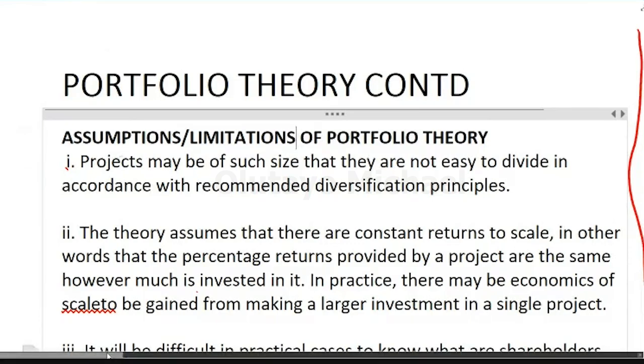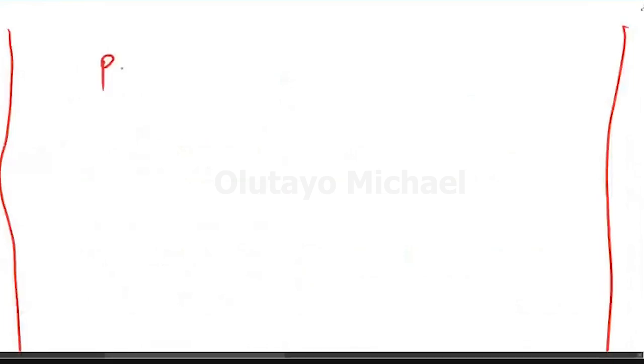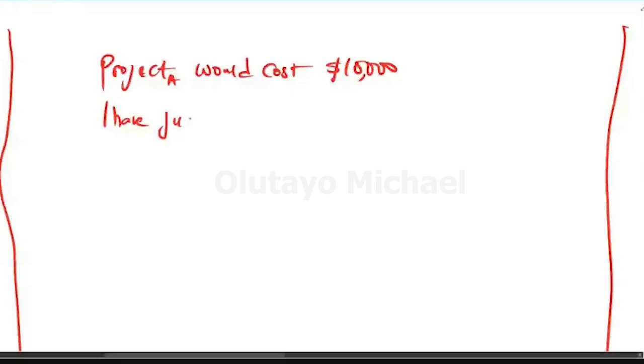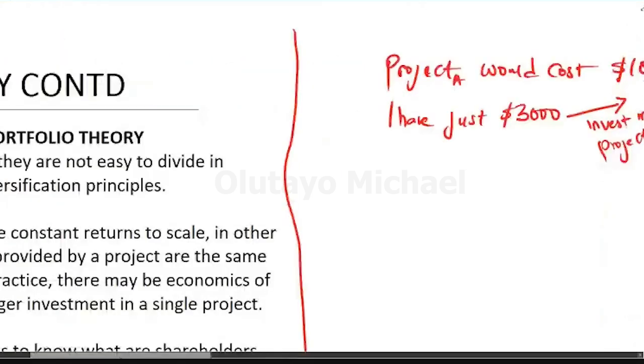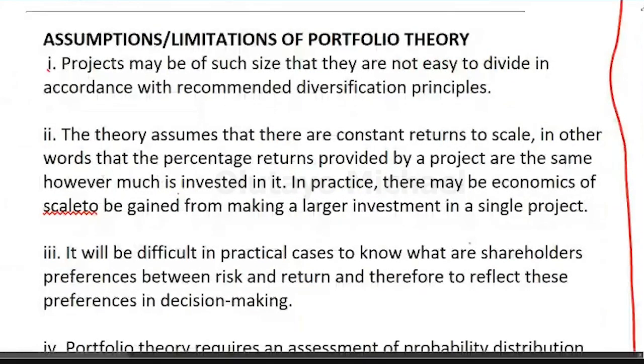Portfolio theory assumes that if project A would cost $10,000 and I only have $3,000, I can invest in project A. That means project A is divisible. I can invest part of my capital in project A. But in practice, not all projects are divisible. Not all investments are divisible.